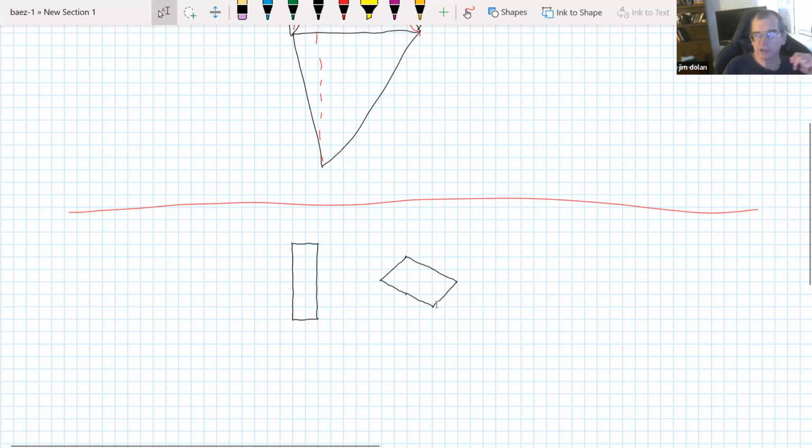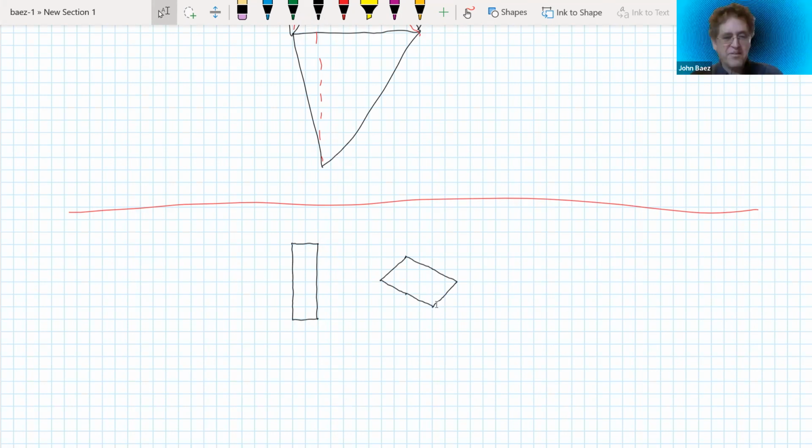Those look the same area to you? I think this is probably the correct parallelogram. I don't know, maybe, yeah, whatever. I mean, theoretically, we could just use Pick's theorem, right? But okay.